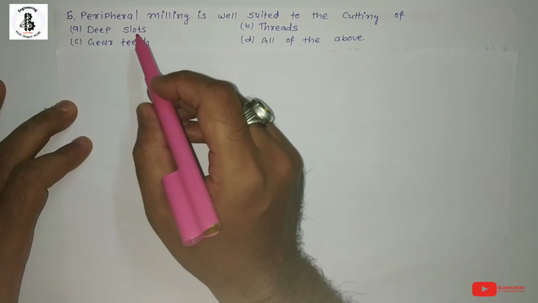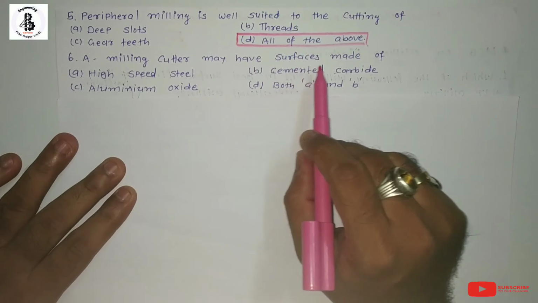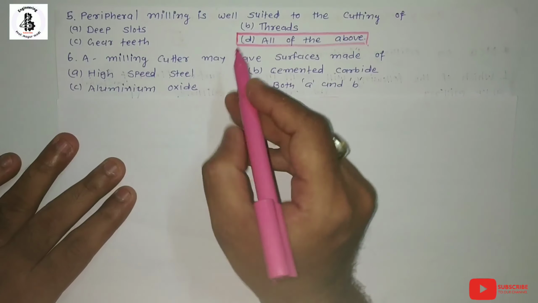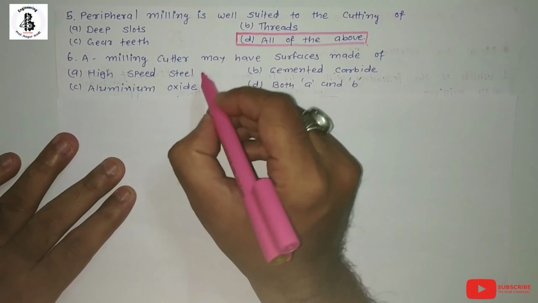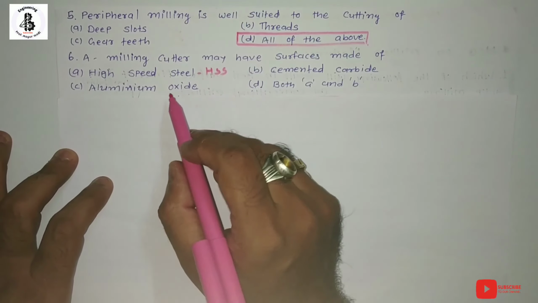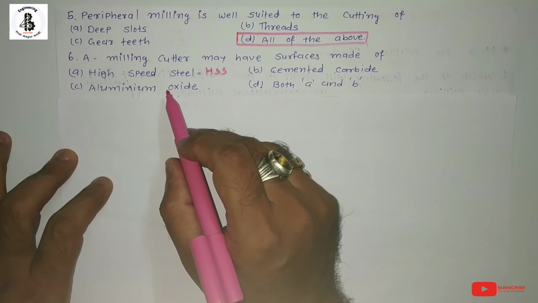The next question. A milling cutter may have surfaces made of option A, high speed steel, or you can say HSS, option B, cemented carbide, option C, aluminum oxide, and option D, both A and B. So basically milling cutters may be made of high speed steel as well as cemented carbide.